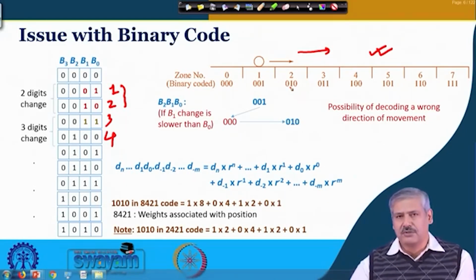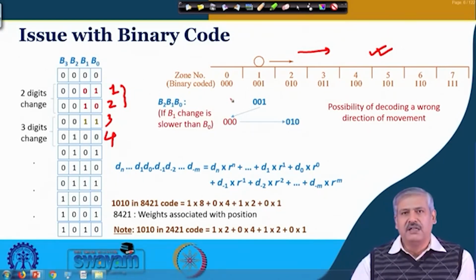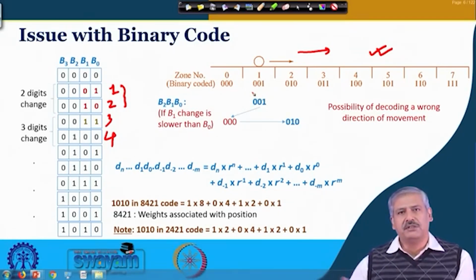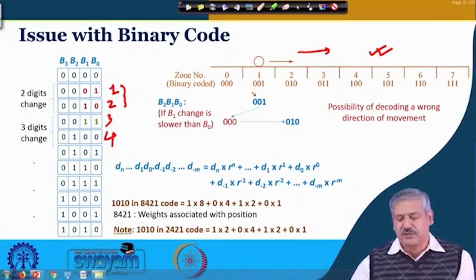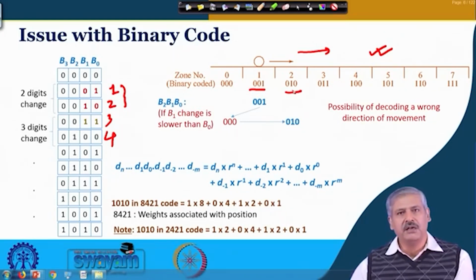If we are sending a binary code of the zone where the material is lying at a given time to a control unit through digital transmission of data, then from zone 0 0 1 it is going to 0 1 0. That is the way it will be shown in the control room.